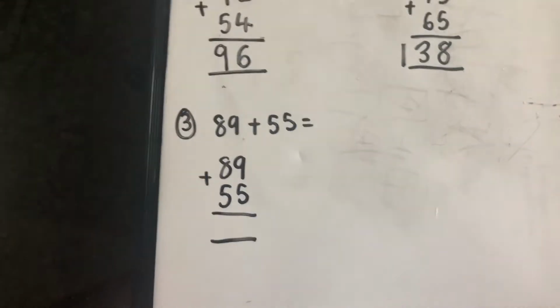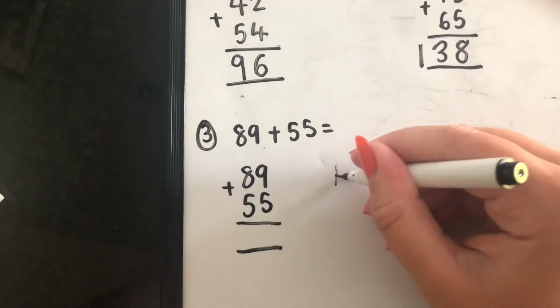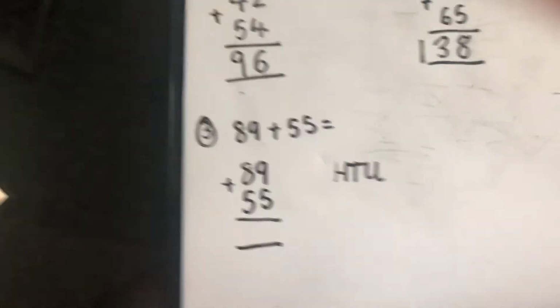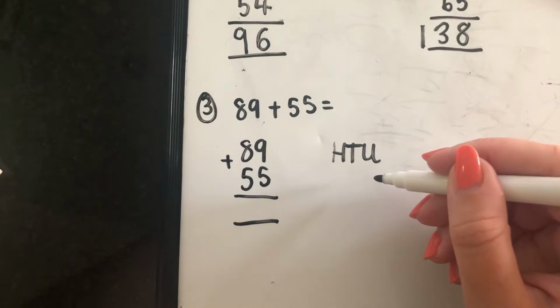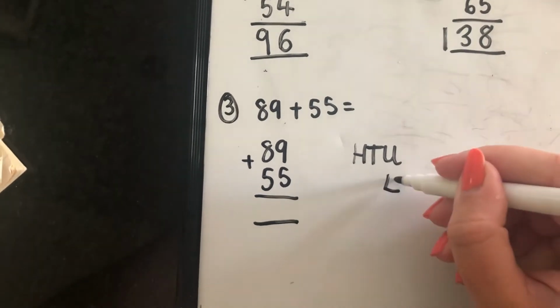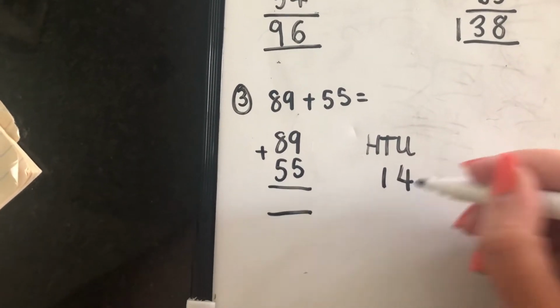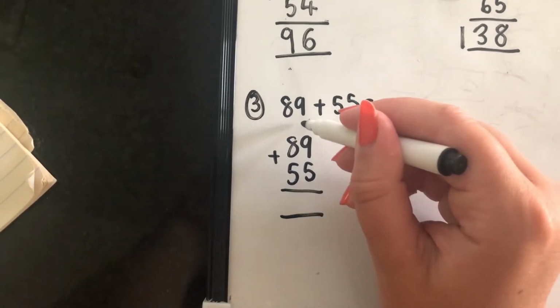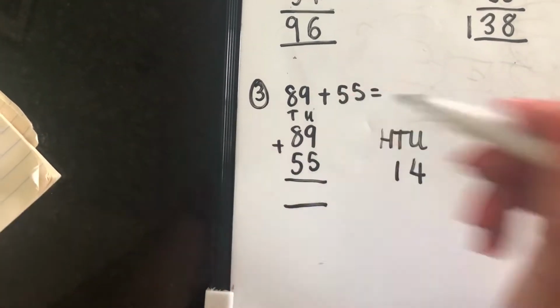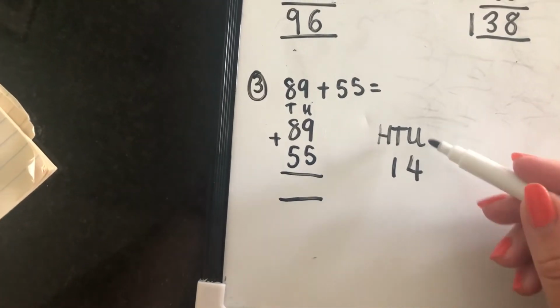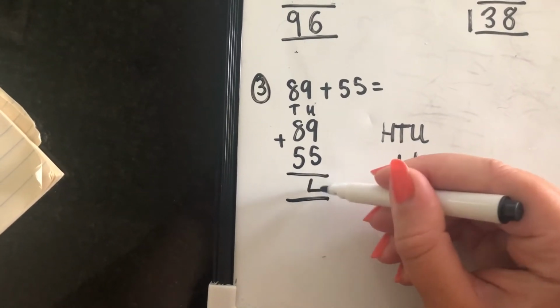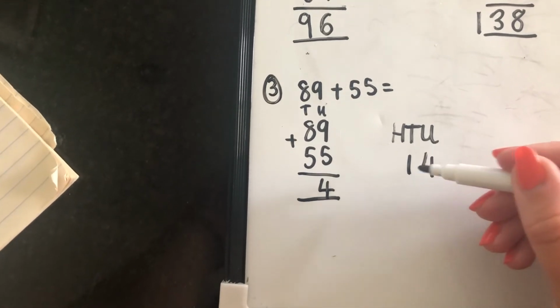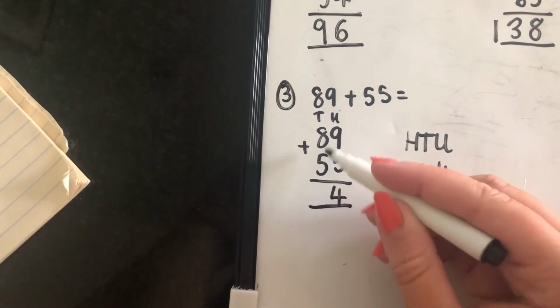Right. So now we're not going to write 14 here because we still need to add up our tens as well. Let's remember, how do we write the number 14? Well, how many units are in 14? 4. And how many tens? 1. So that's how we write 14. So which part of 14 is in the units column? The 4. So we're going to write the 4 in. And we've still got that 10, but we don't want to write it here because we still need to add up our tens.